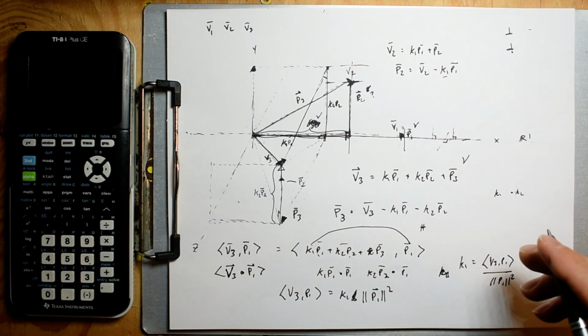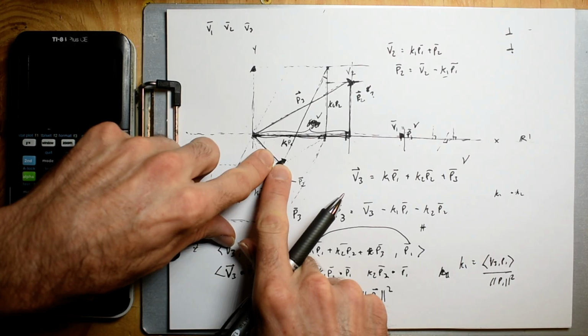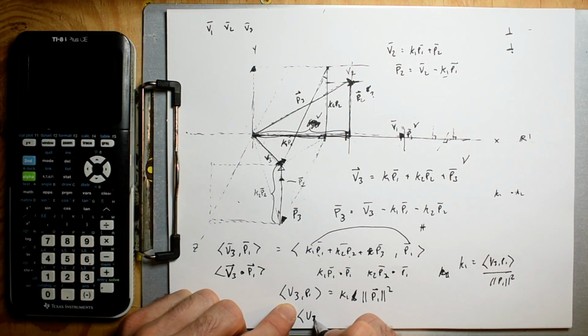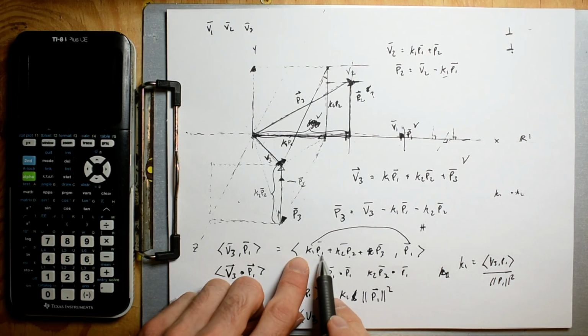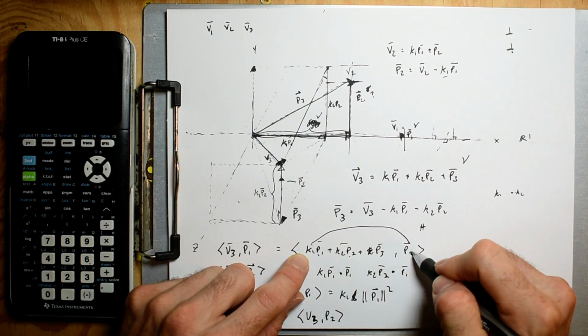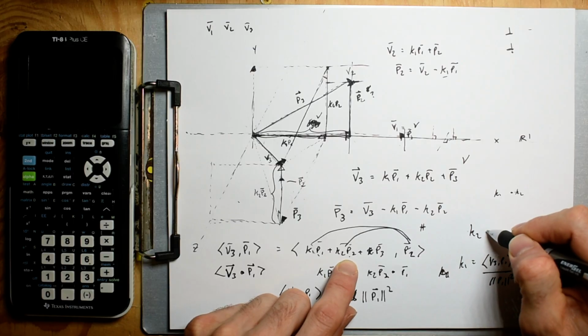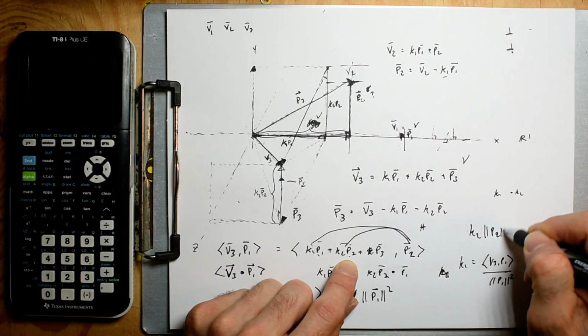And then we would do the same thing. We would dot V3 into P2. So you do the inner product of V3 into P2. And if I throw a 2 here, only the second term is going to generate. And we got K2 and then the inner product P2.